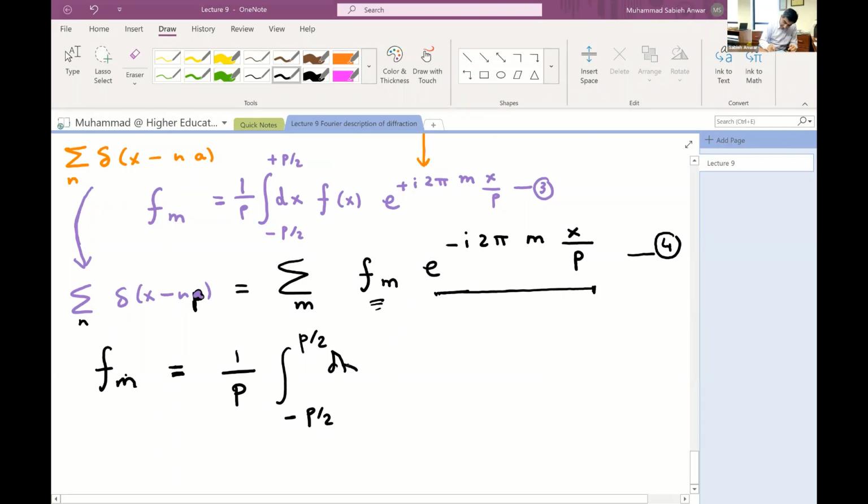My function is now the sum of delta(x minus np), so let's bring the summation sign outside, times e to the plus i 2 pi m x over p.